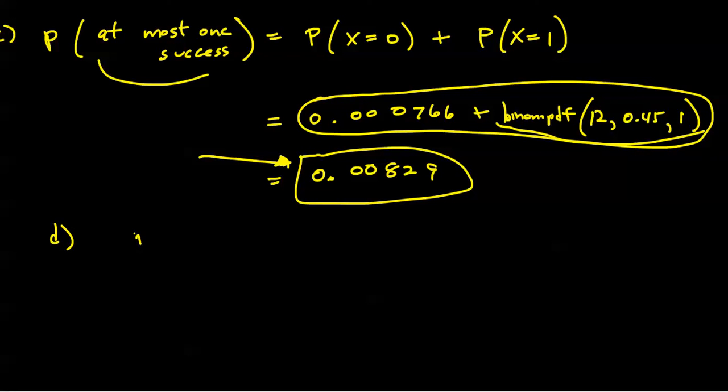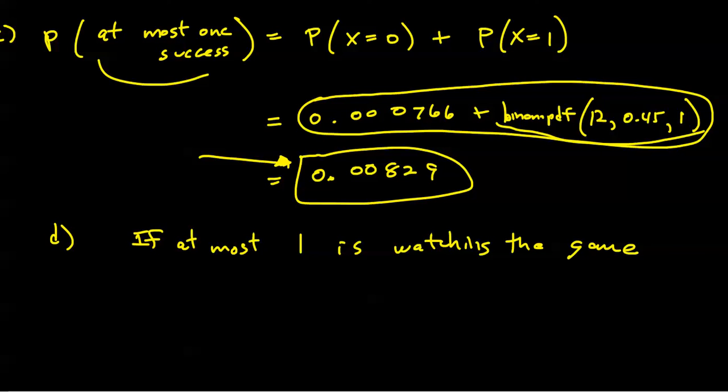Say, if at most 1 in 12 is indeed watching the game in a group of 12, that probability is equal to 0.00829, a very low probability, which is certainly much less than 0.05. Right?